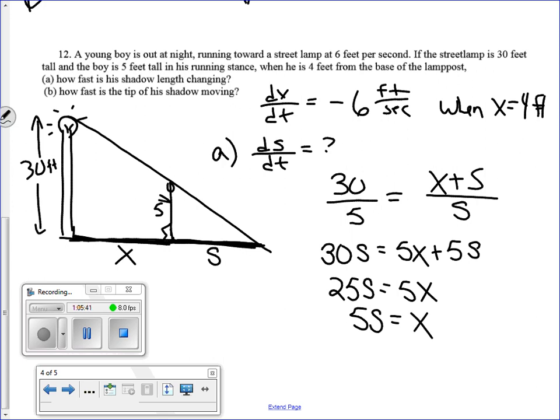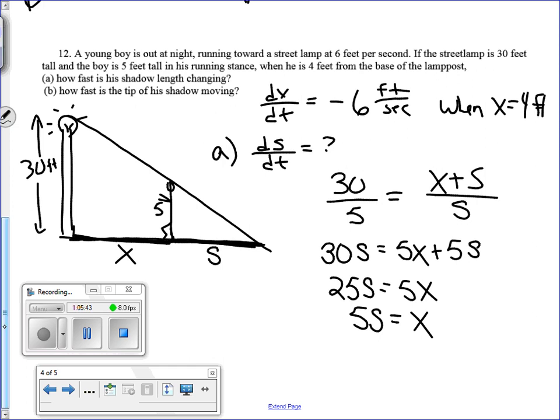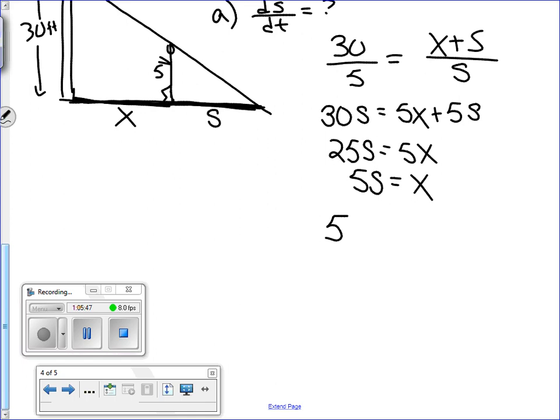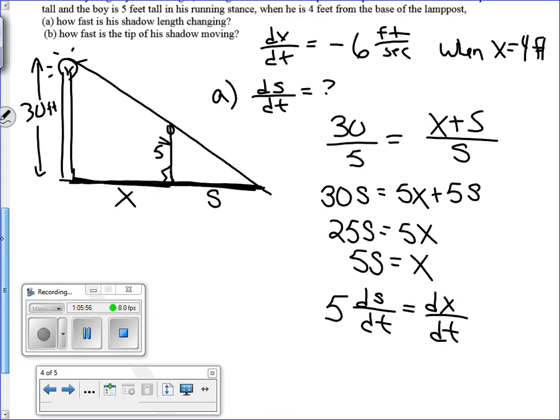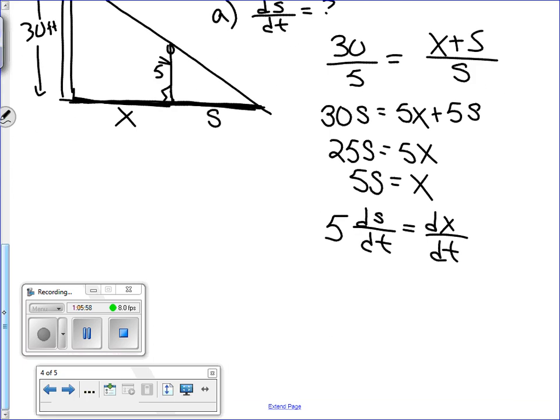There's our equation. Now we can take the derivative of both sides with respect to t. So we have 5 ds/dt, that's what we're looking for, equals dx/dt. dx/dt, if you recall, was -6. So we put in -6 here.